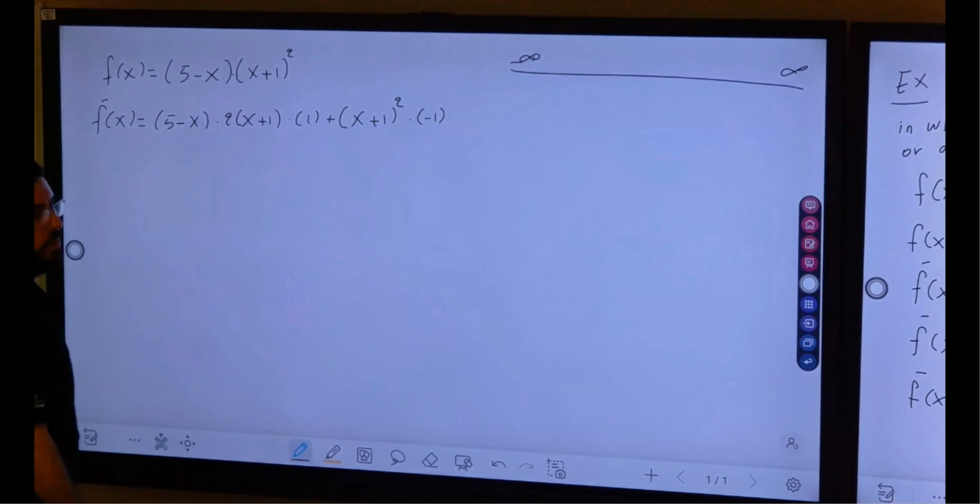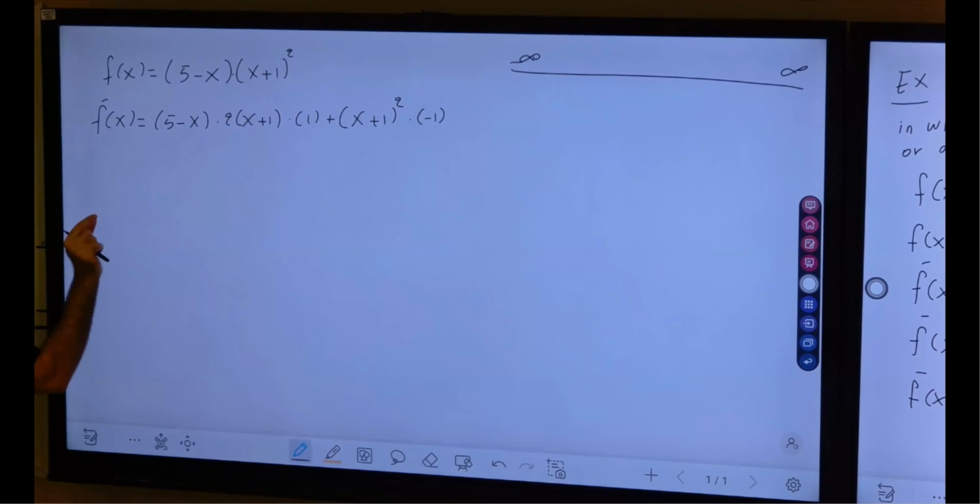Be careful. Okay, because this stupid sign makes everything wrong. So be careful. I'm telling you, that's what I was doing before.